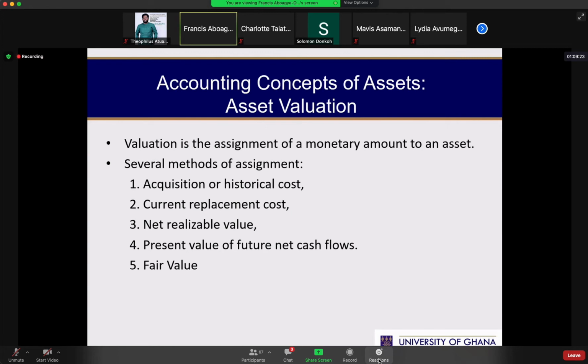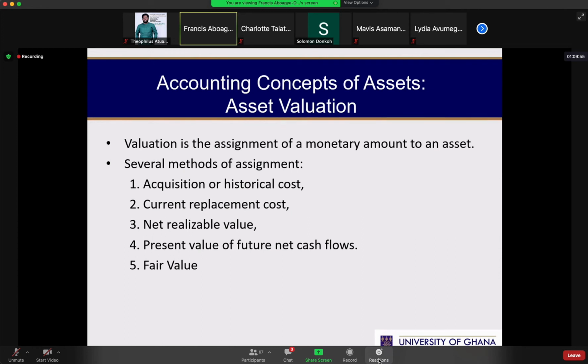However, if you cannot sell it at 6 cedis and you are going to sell it below the 6 cedis, then the prudence concept is still applicable, that you have to make provision for all known losses. So because you know that you cannot sell it at 6 cedis, but you can sell it at 4 cedis, then reduce it to the value it can come to, which we're referring to as the net realizable value.